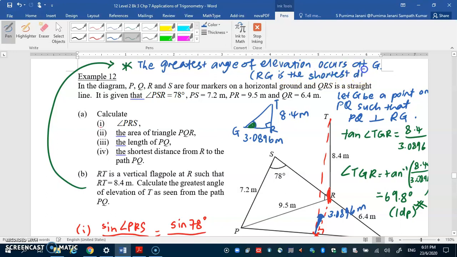So this is the note for you to know that if I want the greatest angle of elevation, it means I need the shortest distance. Okay, with that we're done with this question.